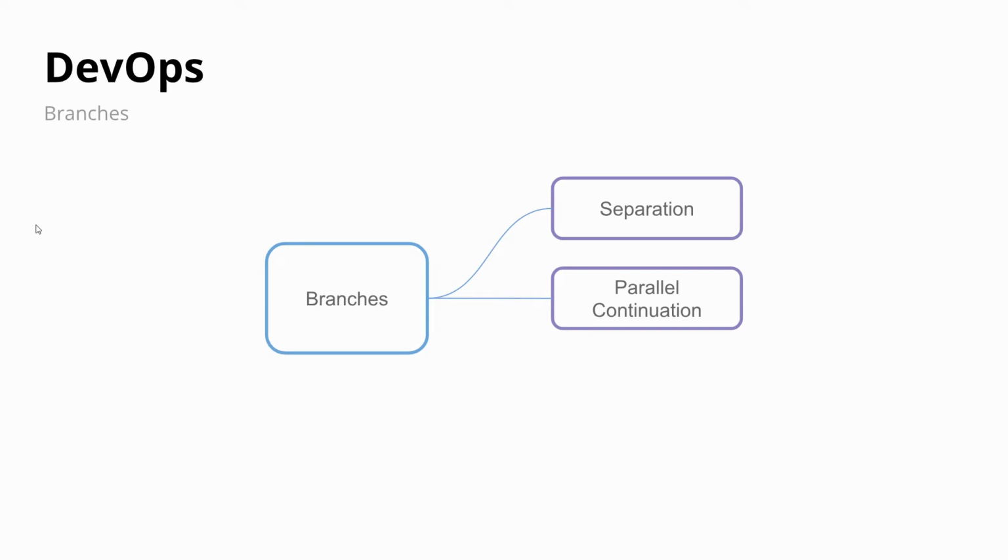That means that a developer can work on something that will not depend on what you're doing, and at the same time you can continue working on your feature. And it also provides us with execution isolation, which means that everything is going to run isolated from the other parts of the project.